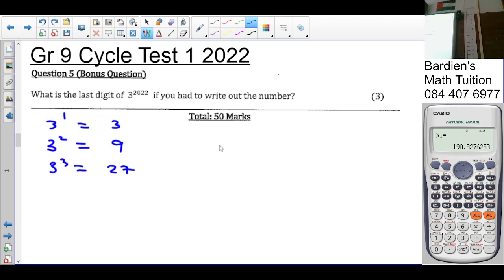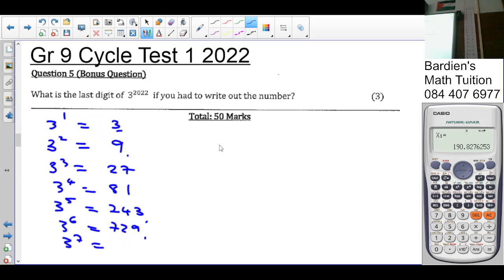So 7 is the last digit. 3 to the exponent 4 is 81. So 1 is the last digit. 3 to the exponent 5, however, is going to be 243, which makes 3 again the last digit. 3 to the 6 is going to be 729. So 9 is the last digit. 3 to the 7 is going to be something, but 7 as the last digit.